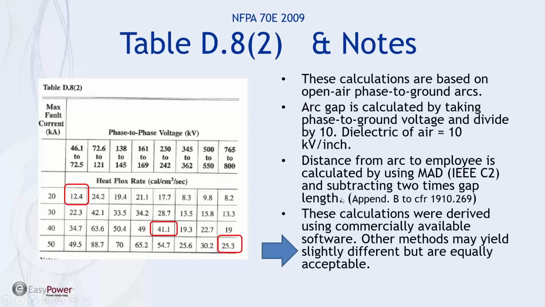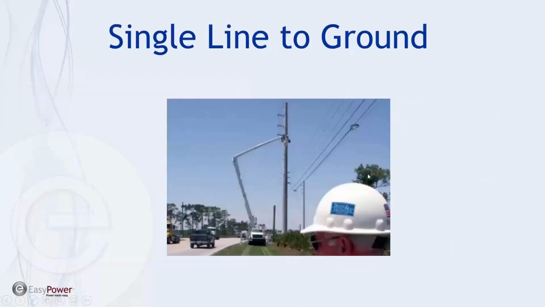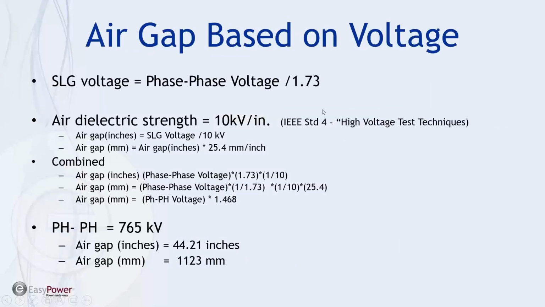Okay, so all that is to say, I'm going to reproduce all these methodologies after I've calculated by hand. So here's the calculation I've gone through by hand. To get the single phase to ground, you take the phase to phase and divide by the square root of 3.